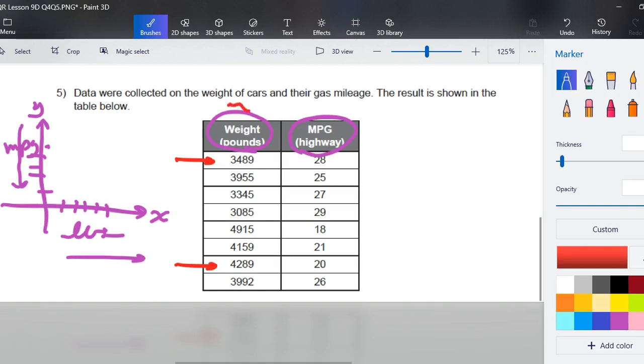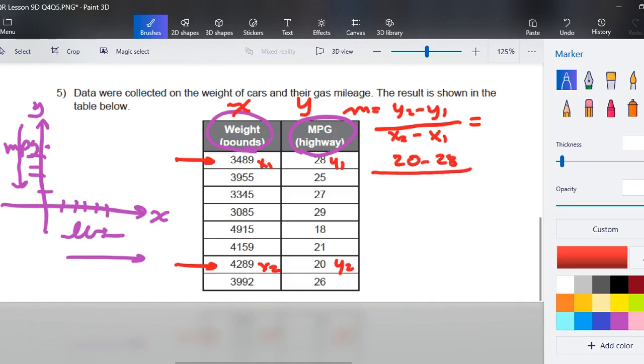If this is X and this is Y, our slope formula is still going to be, and I would encourage you to write down the entire formula, and I'll label these as X1, Y1, X2, Y2, and I'll start plugging in the information. I'm getting 20 minus 28 over 4289 minus 3489.